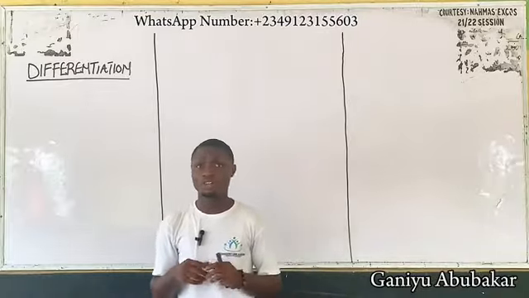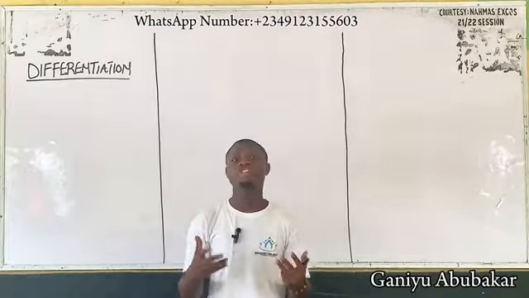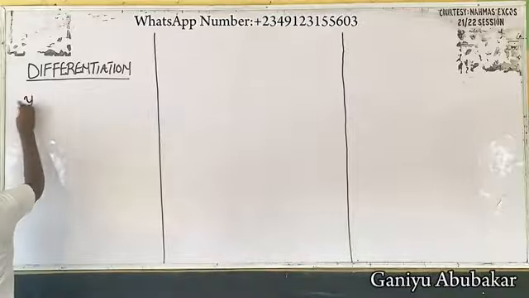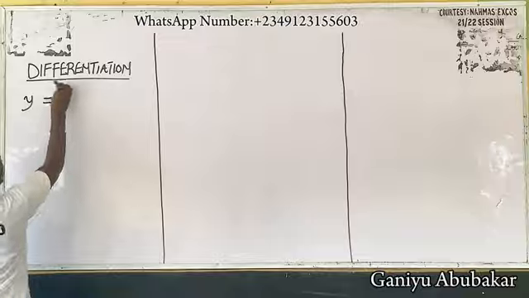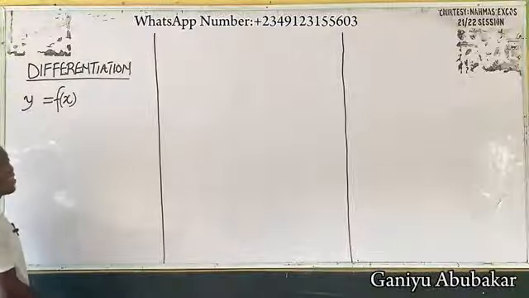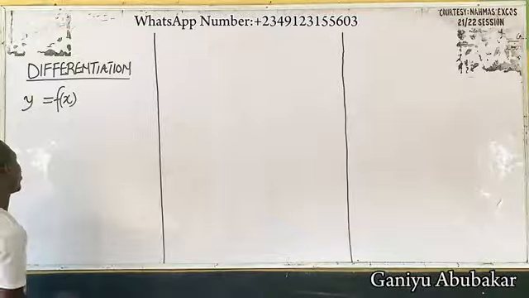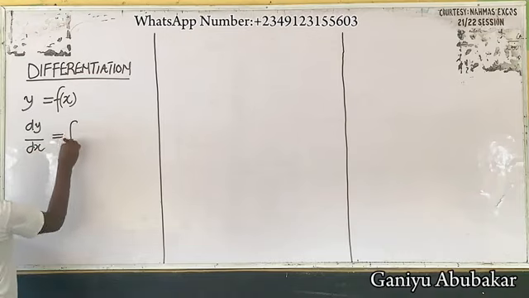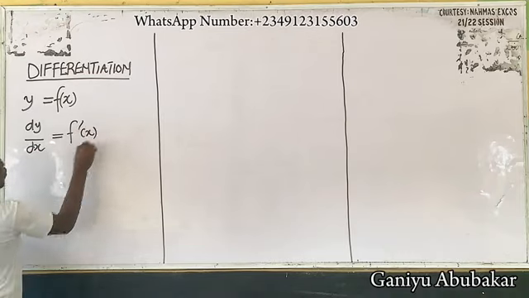By illustration, let's say I have y equal to f of x. So my first derivative here becomes dy over dx, which is equal to f prime of x.